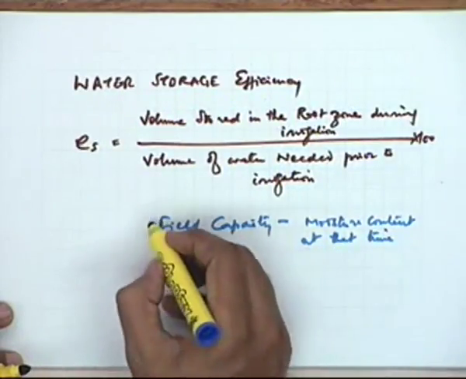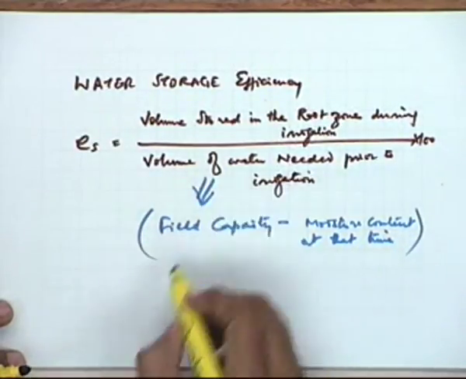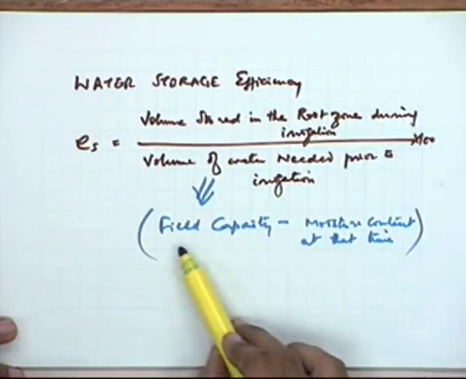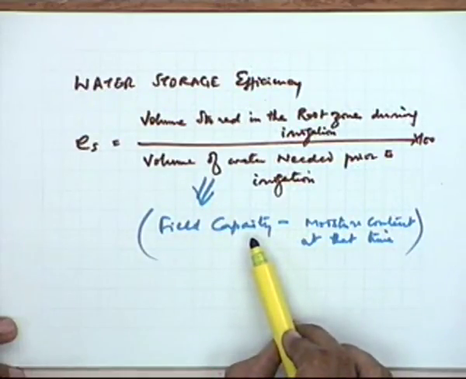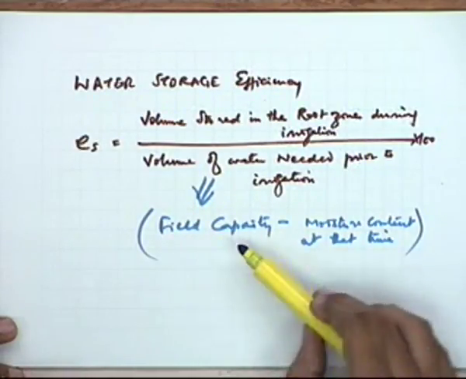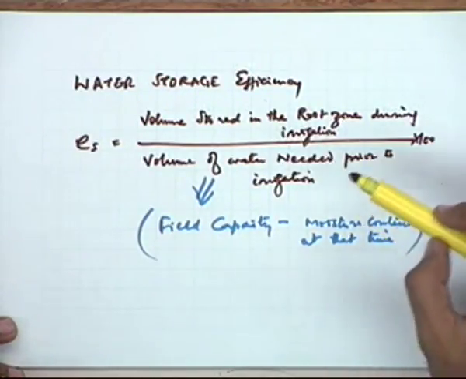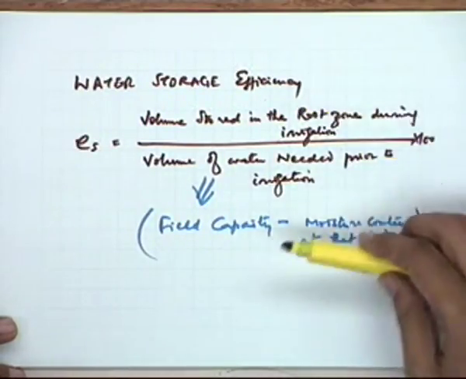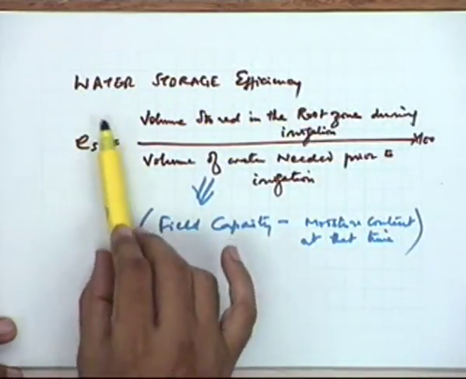You want to bring the soil moisture to the field capacity level. So the deficit is the difference between that level and the moisture content at that instant. Now out of this deficit, how much has been removed? That is what is shown by the water storage efficiency.